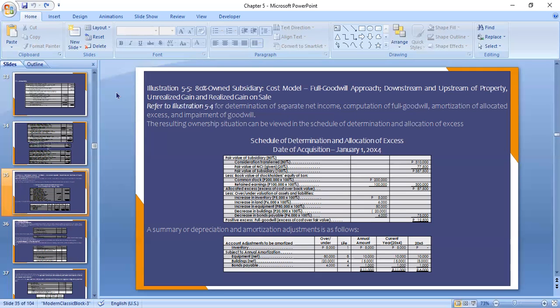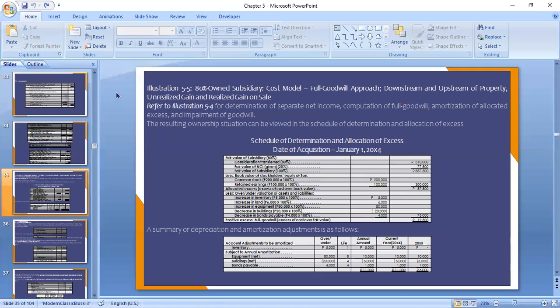And we have the fair value of the subsidiary at 100%. Now we deduct the book value of stockholders' equity of Sun: common stock of 200,000 multiplied by 100% and retained earnings of 100,000 times 100%.